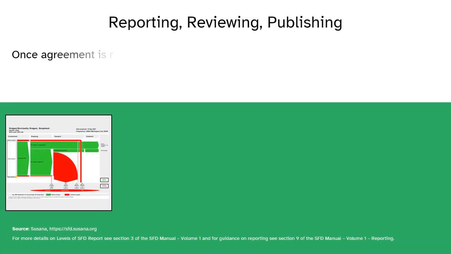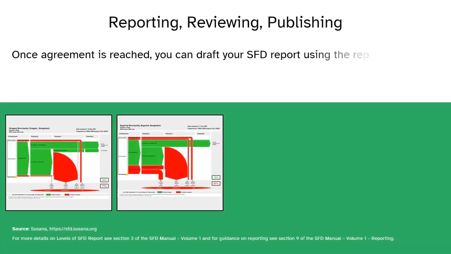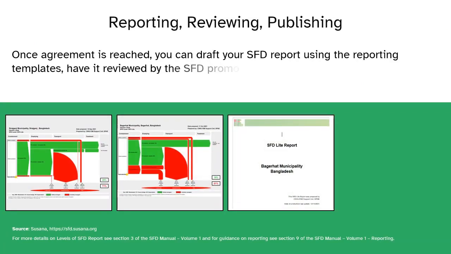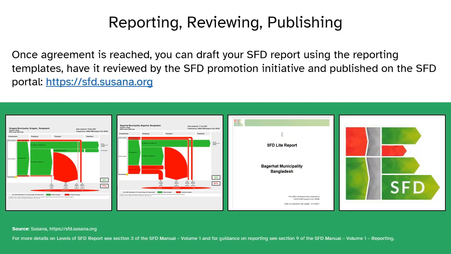Reporting, reviewing, publishing. Once agreement is reached, you can draft your SFD report using the reporting templates, have it reviewed by the SFD Promotion Initiative, and published on this web portal.